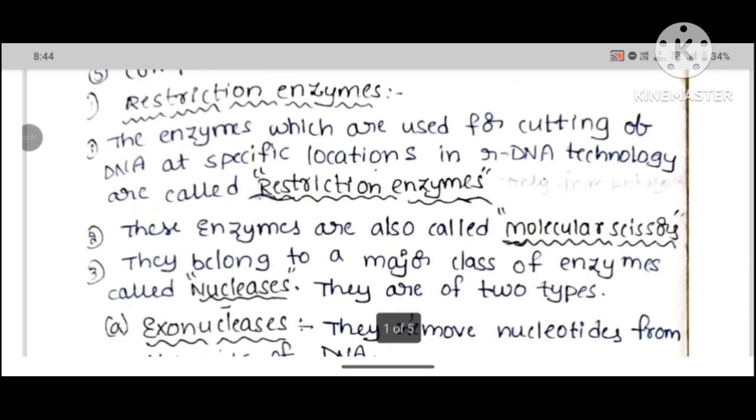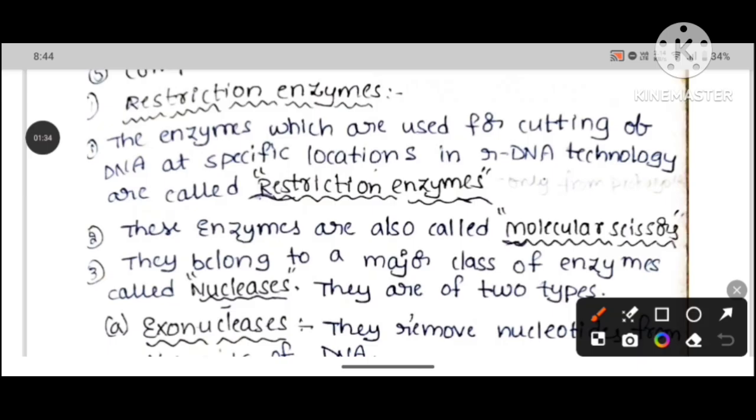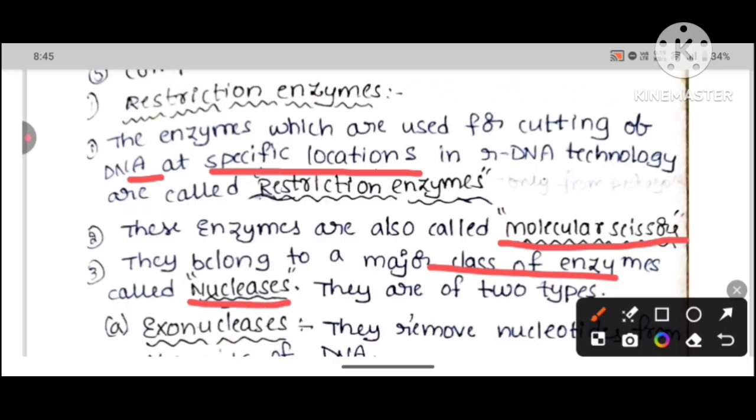Restriction enzymes are the enzymes used for cutting DNA at specific locations in rDNA technology. For their ability to cut DNA at specific locations, they are also known as molecular scissors. As they are meant to cut a molecule like DNA, they belong to a major class of enzymes known as nucleases.